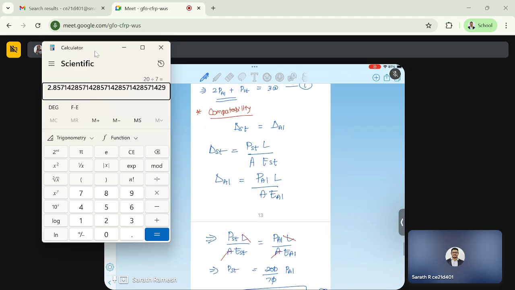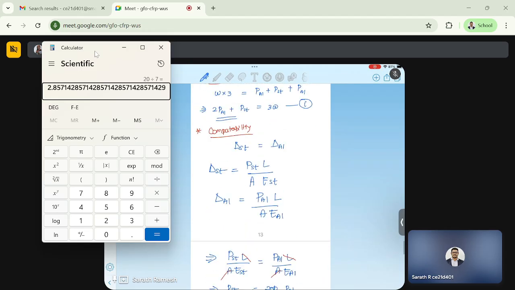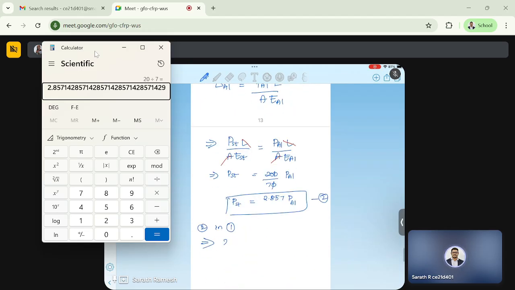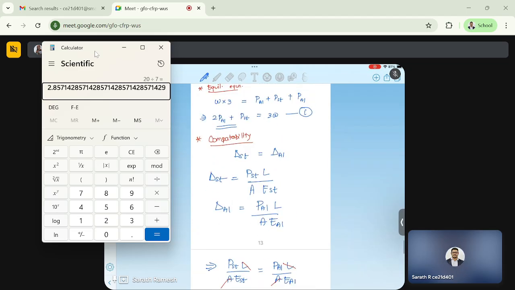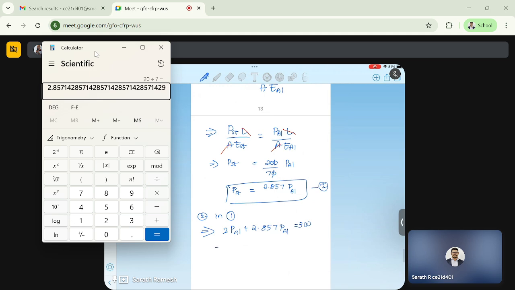Equation 2 in 1 implies 2P_aluminum plus 2.857P_aluminum is equal to 3W. So this is 4.857 P_aluminum equal to 3W.